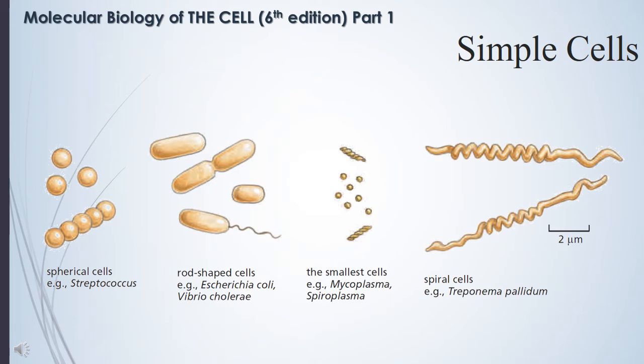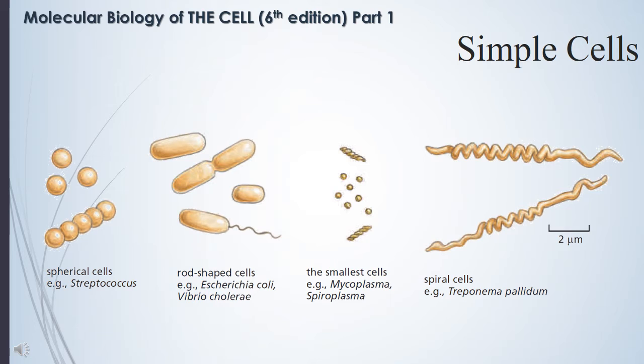So now that we've talked about basics of a cell, let's talk about what kind of shapes a cell can have. Now, in terms of simple cells, such as prokaryotes, that are much smaller than eukaryotes, which are our cells, we can have them in many different shapes and sizes, such as streptococcus.